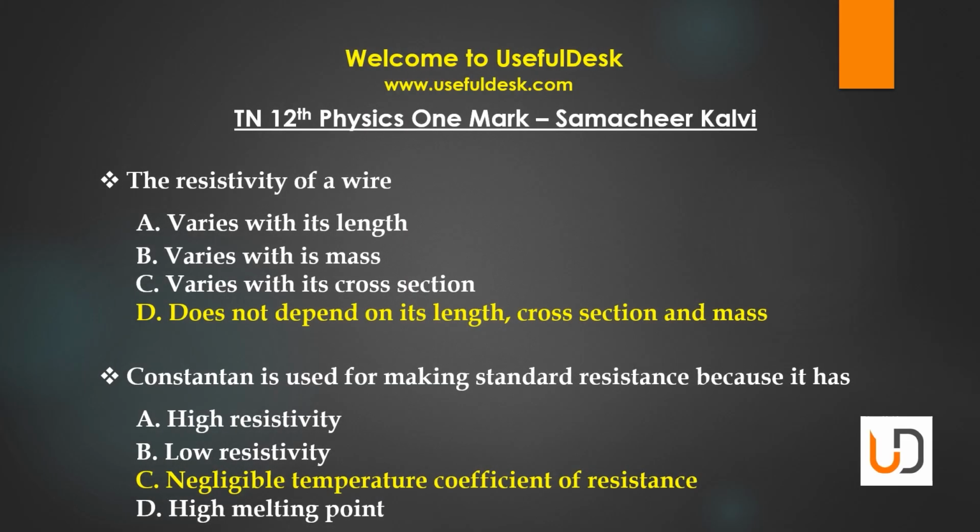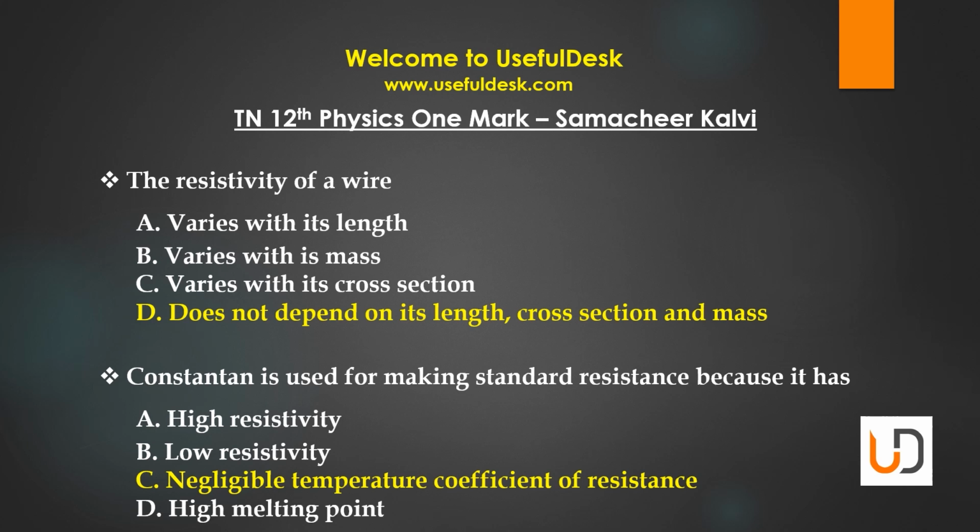The next question is: the resistivity of a wire. The options are varies with its length, varies with its mass, varies with its cross-section, does not depend on its length, cross-section and mass. The correct answer is does not depend on its length, cross-section and mass.